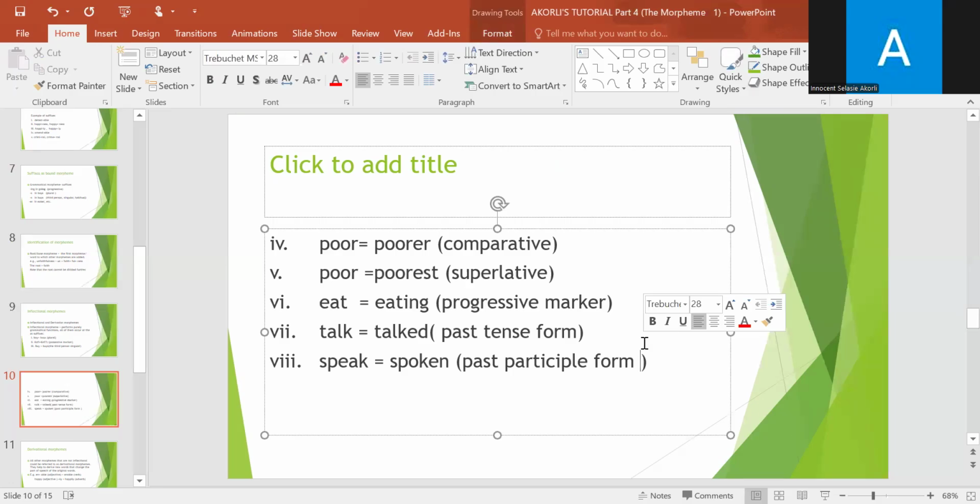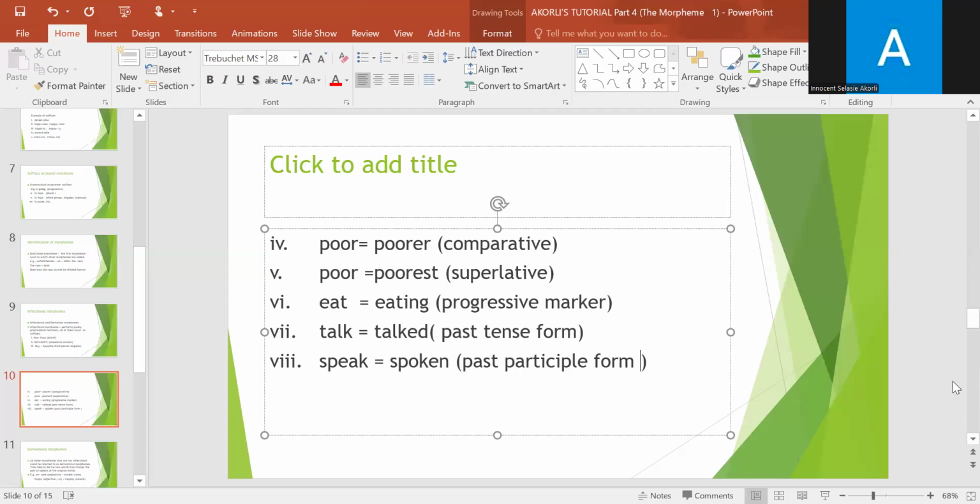Speak and spoken. So here we have changed the word form by replacing ea with o and adding en, which is a past participle form of the verb. But the en doesn't change the word class. Both forms of the word are verbs.